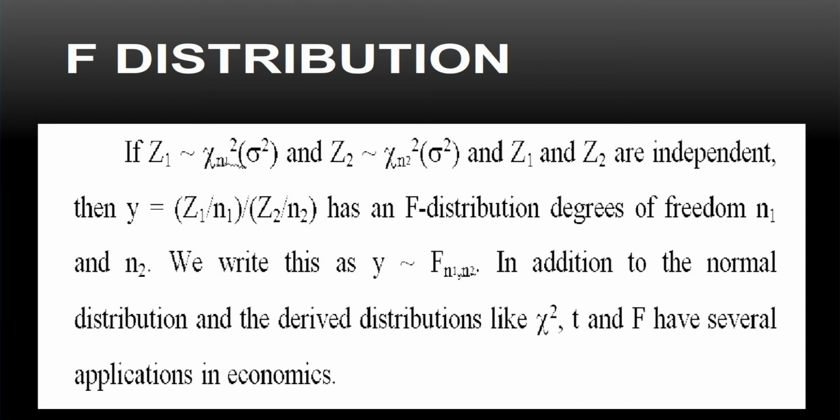If Z1 follows chi-square distribution with n1 degrees of freedom and Z2 follows chi-square distribution with n2 degrees of freedom and Z1 and Z2 are independent, then y is equal to Z1 by n1 by Z2 by n2 has F distribution with degrees of freedom n1 and n2.